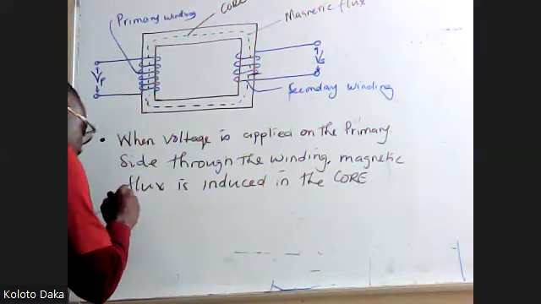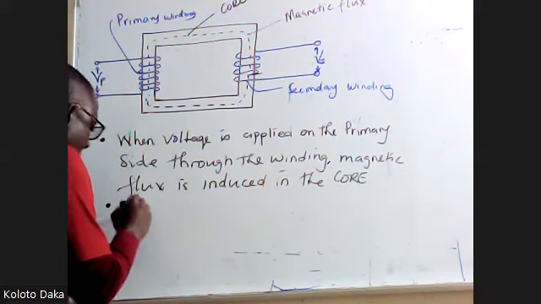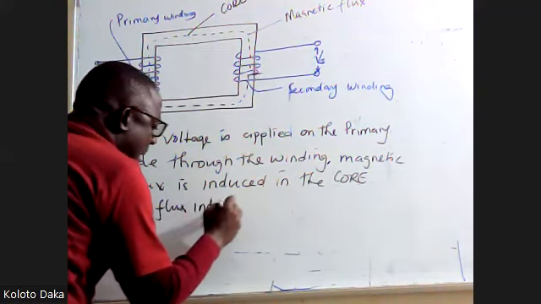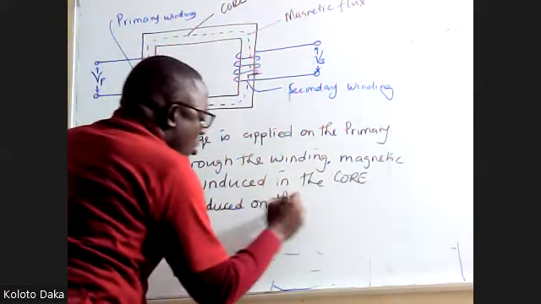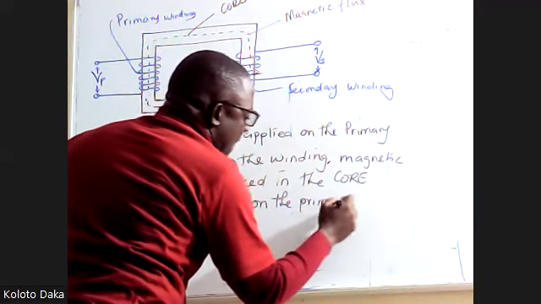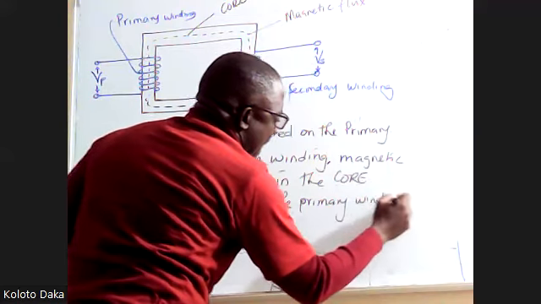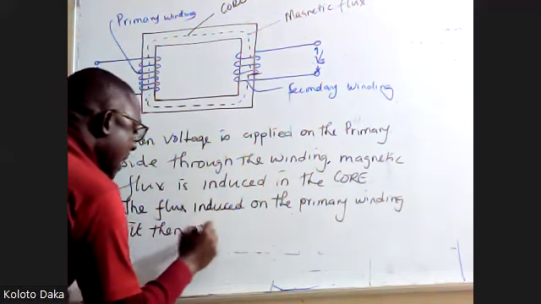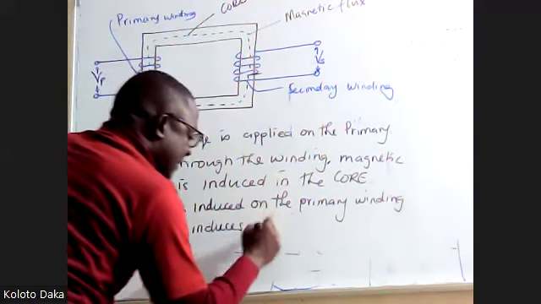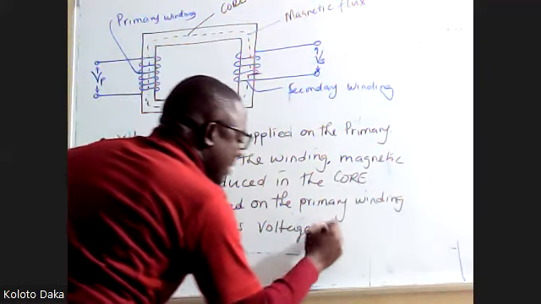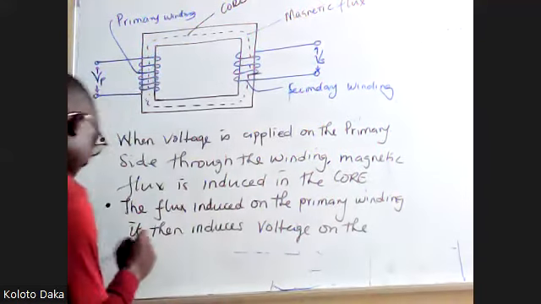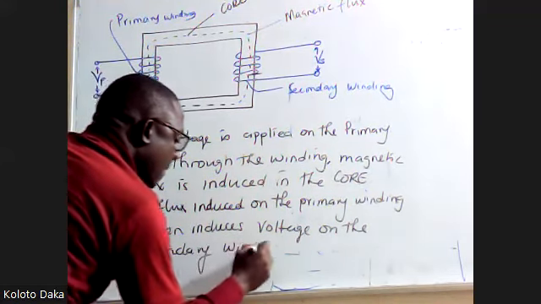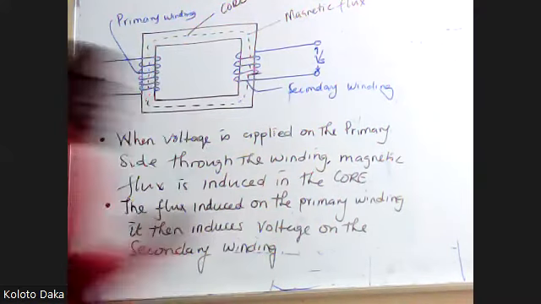Another point. The flux induced on the primary winding then induces voltage on the secondary winding.